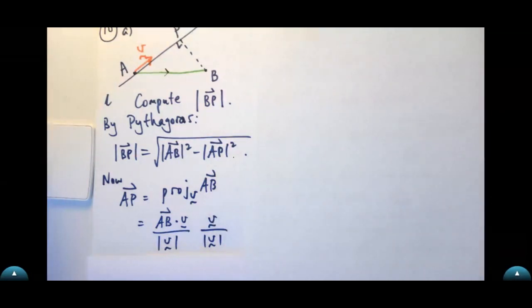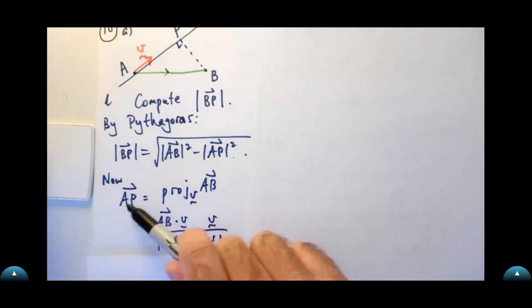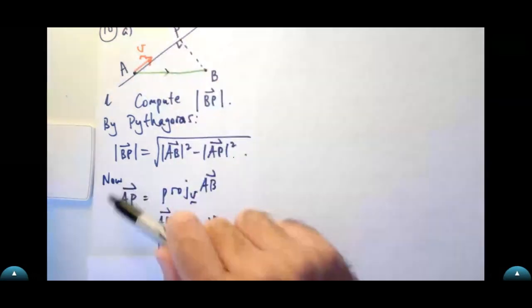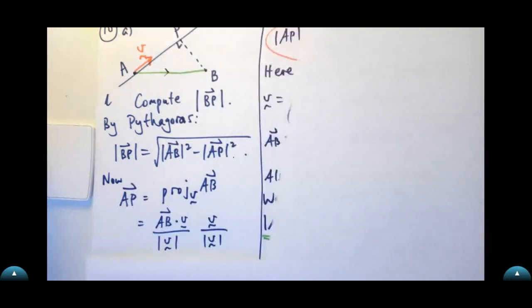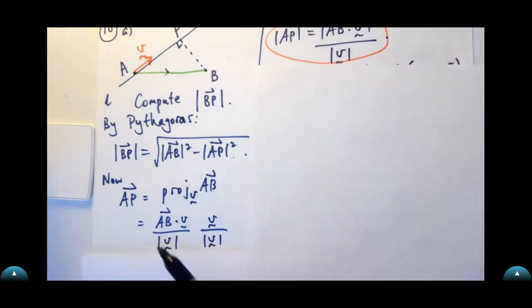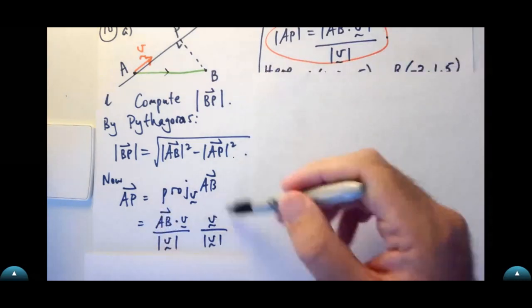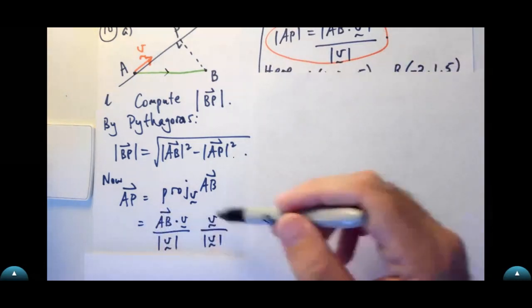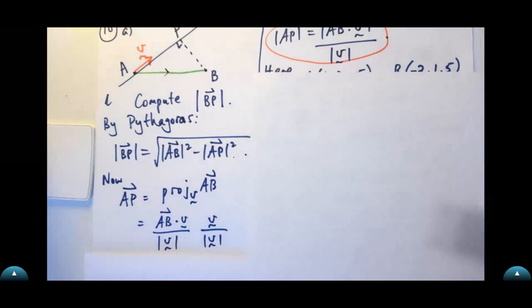So it's a special thing: you've got this thing times a special vector. All we've got to do is compute this, but we actually don't want AP, we just want the length. If you calculate the length, this unit vector disappears because it's length 1, and you're left with this.